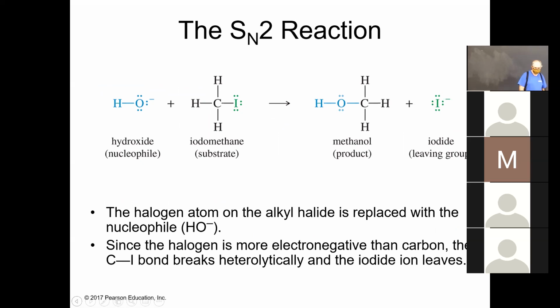Right, in an SN2, the nucleophile attacks from the backside. It hits the carbon that's carrying the halogen and knocks it off. In the example that I just gave on the board, the nucleophile was actually a halide ion and it was pushing out water.